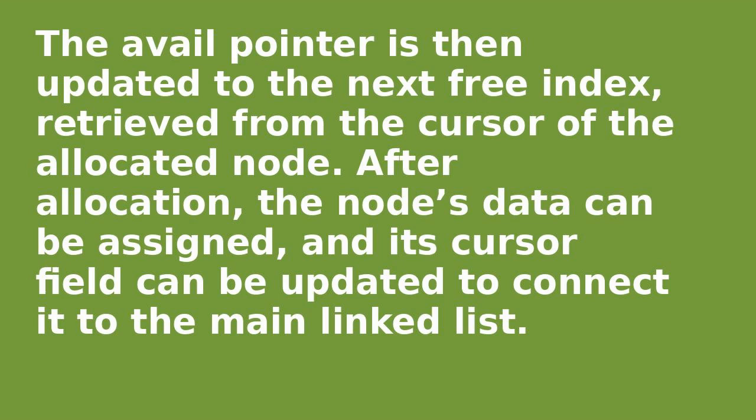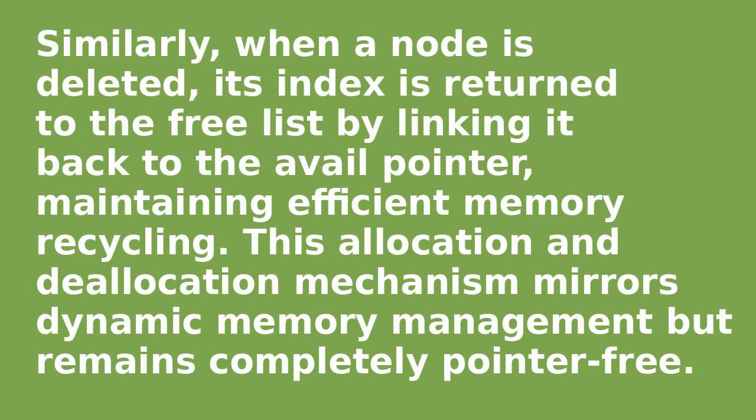After allocation, the node's data can be assigned, and its cursor field can be updated to connect it to the main linked list. Similarly, when a node is deleted, its index is returned to the free list by linking it back to the avail pointer, maintaining efficient memory recycling. This allocation and deallocation mechanism mirrors dynamic memory management but remains completely pointer-free.